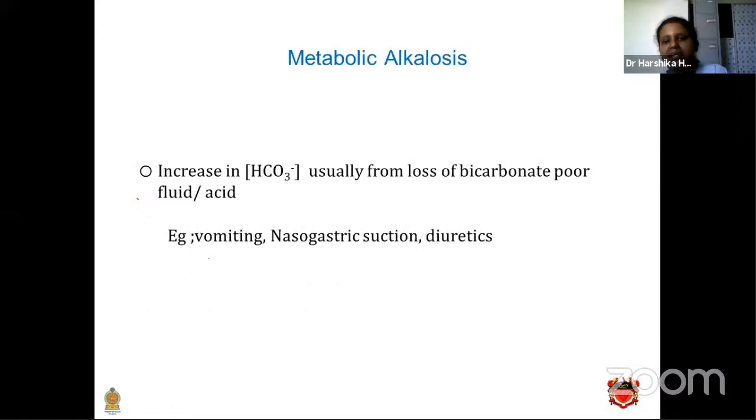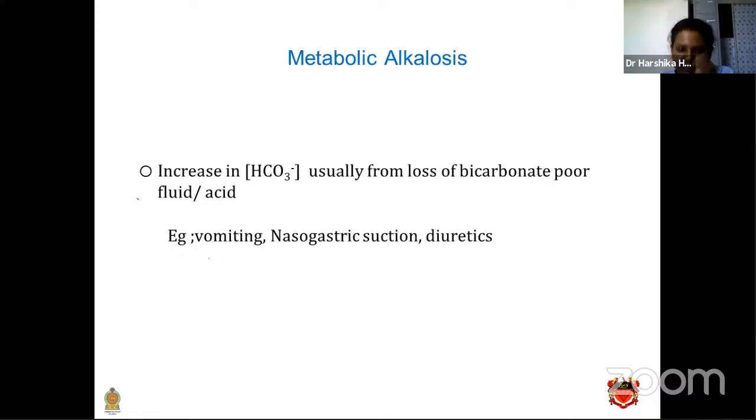Similarly, what are the instances where there can be metabolic alkalosis? It is where there is loss of acid from the body, like in patients with vomiting, where they lose hydrochloric acid from the body, so that there will be increased bicarbonate in the body.